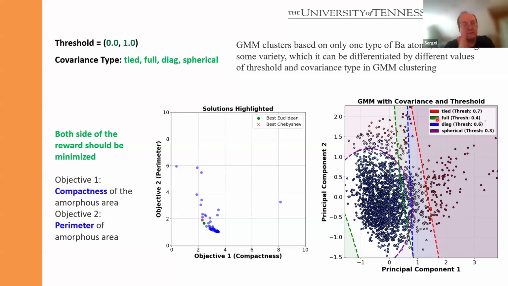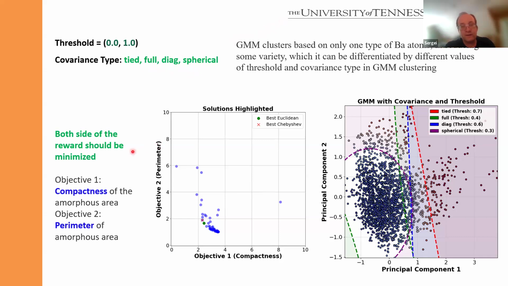So in all classification problems, we can shift the threshold corresponding to the decision, and there is a covariance type. So we can cast this problem as the optimization problem. It's not super large, it's maybe four-dimensional, and then one dimension is the covariance type parameter space. And the interesting thing is that it works, but we need to define the reward functions.